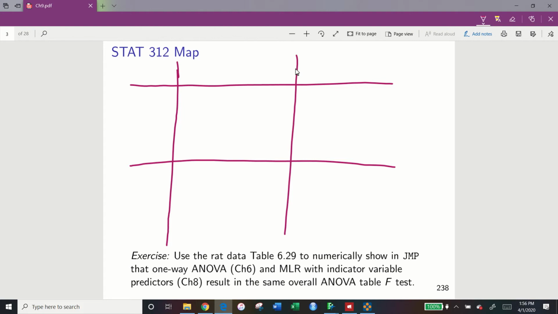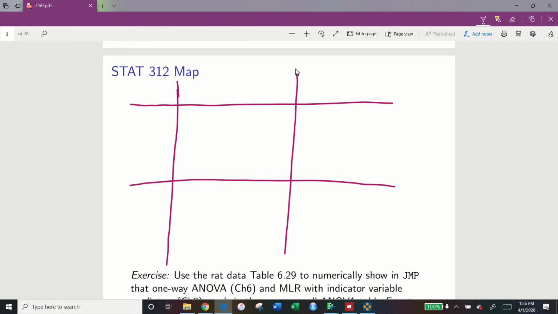Okay, so continue with our map. Let's make our x-axis as number of inputs slash factors.